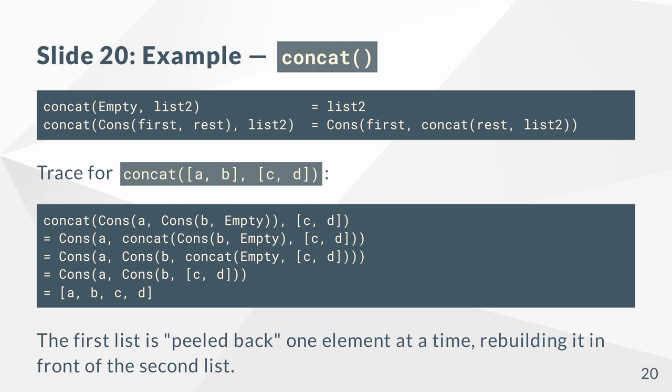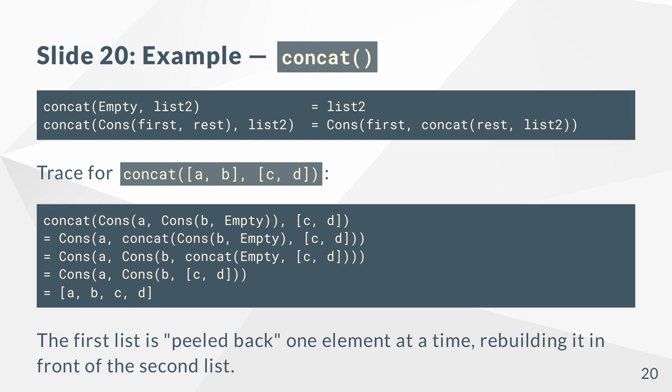Here is concat traced through the interpreter pattern. Concat of empty and list 2 is simply list 2, the base case. Concat of cons of first and rest and list 2 is cons of first and concat of rest and list 2, the recursive case.